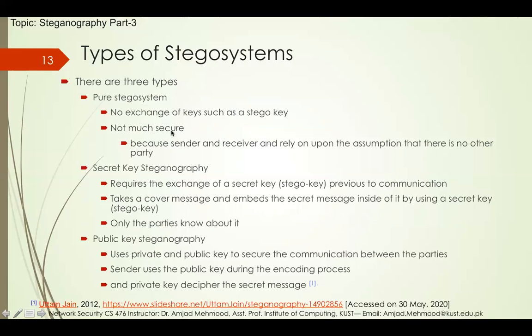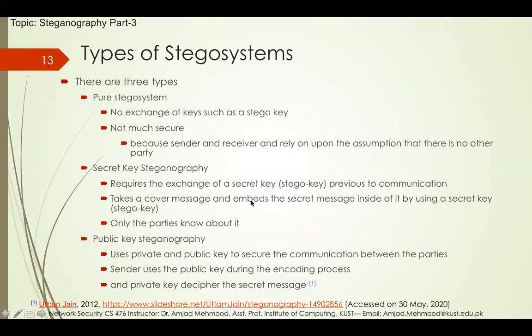It is not very secure, because sender and receiver rely upon the assumption that there is no other party. Whereas secret key steganography requires the exchange of a secret key, or stego key, prior to communication.